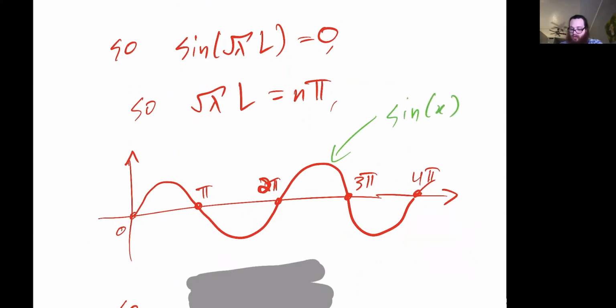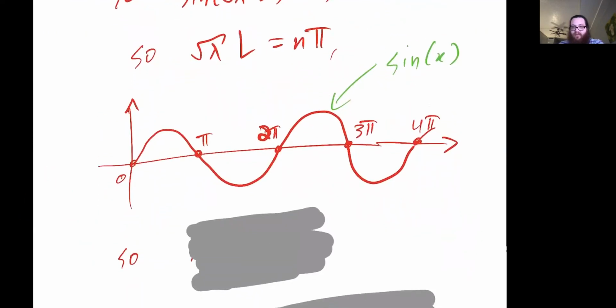Question is, where is it 0? Well, it's 0 at 0, 0 at pi, 0 at 2 pi, 0 at 3 pi, 0 at 4 pi. So for sine of something to be 0, this something has to be a multiple of pi. And in this case, n can be positive or negative, since this graph keeps going backwards.